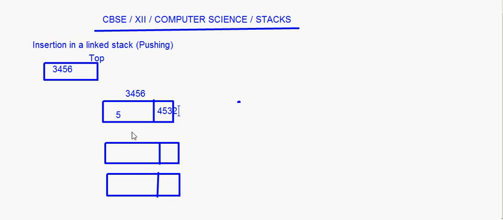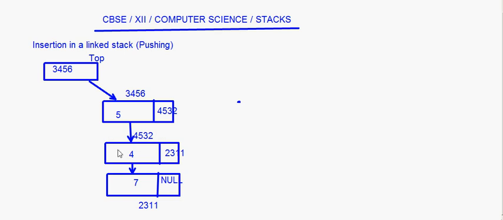So here this one is your 4532, and here you have got the information, and here the address of the next node. Now this one is the next node. Let's say this is the last one, suppose 54, supposing I have the information 7 over here, and here this will contain none. So here the link has been made like this. From top it is coming to this place, from here it is coming to this.